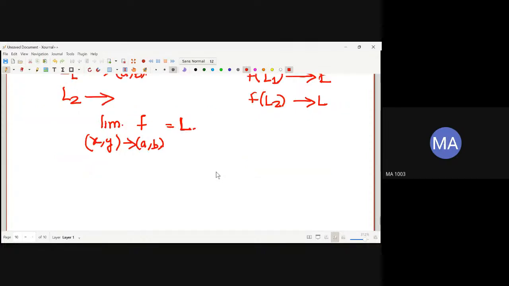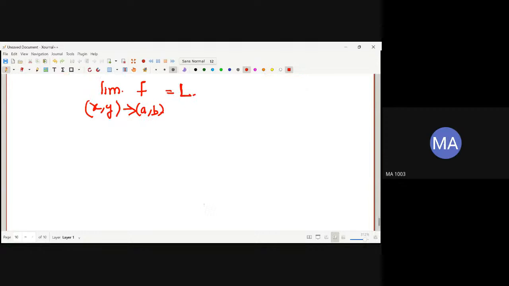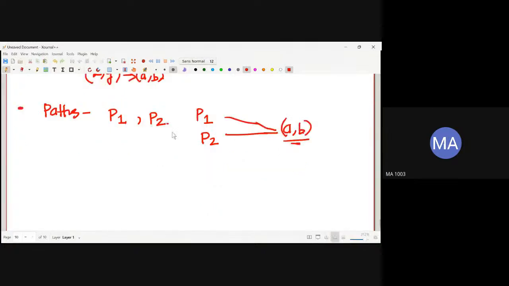If you can show that you have two different paths, P1 and P2, and both P1 and P2 go towards this point (a, b), and when you are coming to (a, b) using two different paths, the value of the function for P1 is going towards L1, and for P2 it's going towards L2, and L1 is not equal to L2.